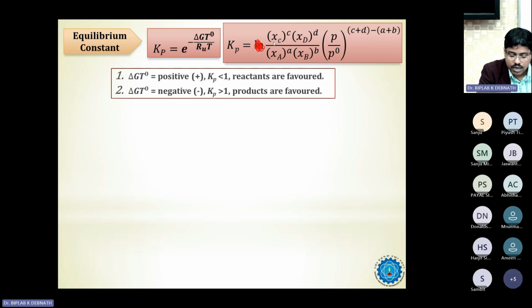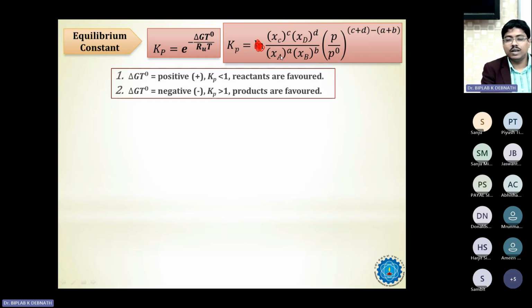That means xC and xD, the mole fractions of the products, will be more than the mole fractions of the reactants. It means your chemical reaction is occurring in the forward direction. The rate of product formation is higher than the rate of the reverse direction, or reactant formation.